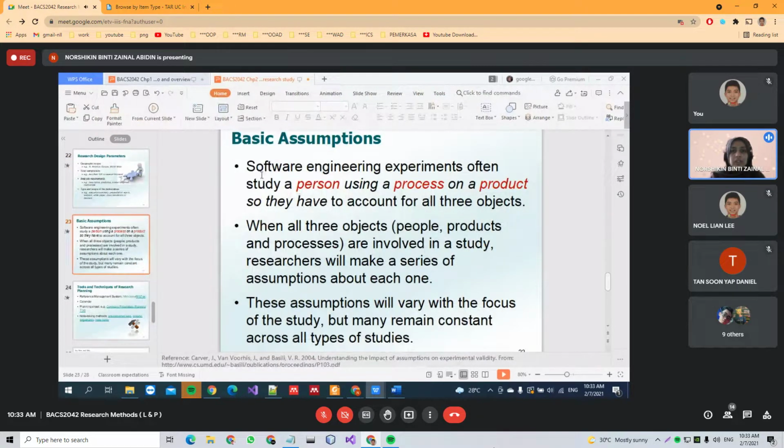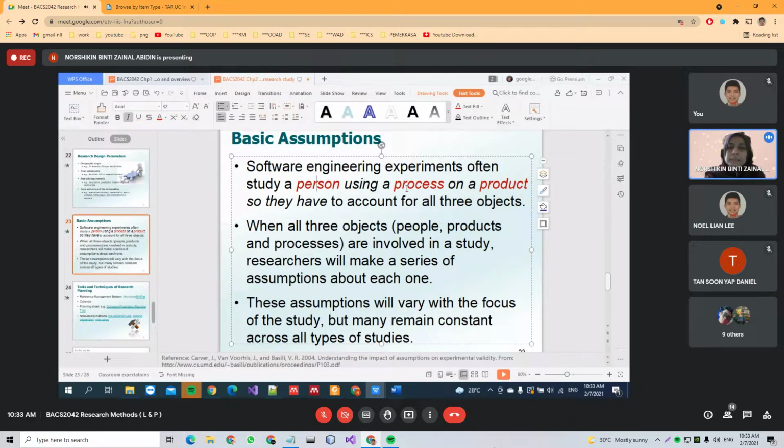In software engineering, experiments often study a person using a process on a product, so they have to account for all three objects. That means in our field, a research or experiment is usually to understand a person using a process.